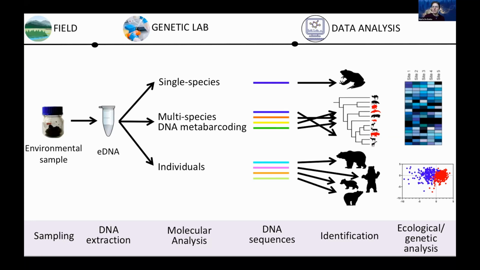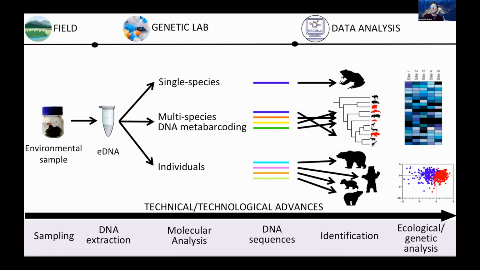So this workflow, in general, can look similar to other methods, but what made it possible to work with eDNA now is really the impressive technological revolution that has occurred in the past 10, actually 15 or 20 years, that brought significant improvements at all these stages of the process.